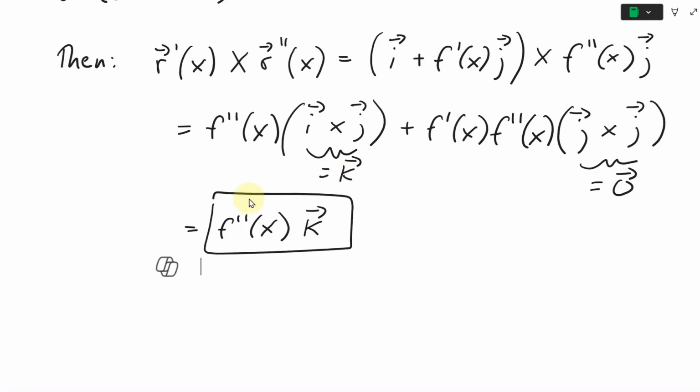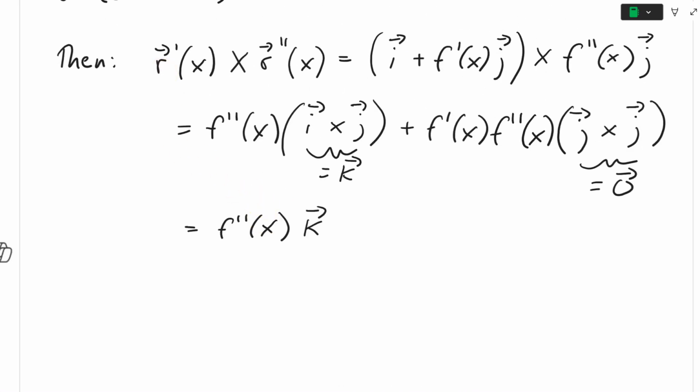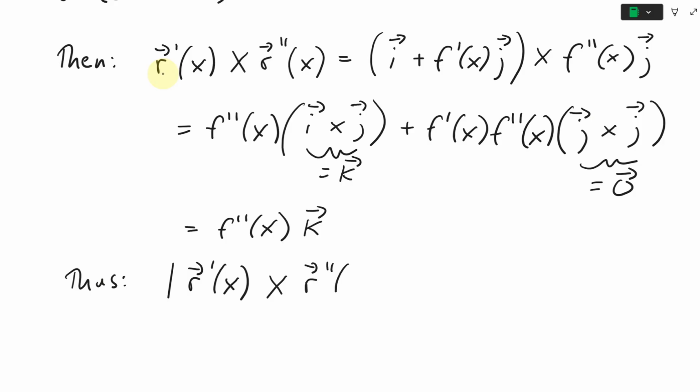So that is the cross product. It's fascinating stuff. But that's not what we actually want. We want the length of it. So I'll say, thus, the magnitude of r prime of x cross with r double prime of x equals the square root of all the components squared.